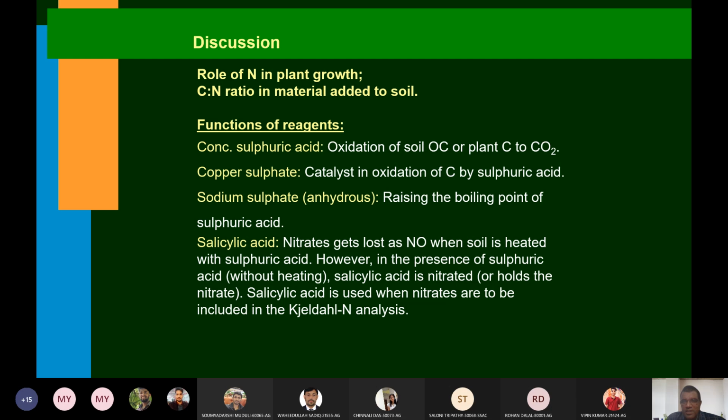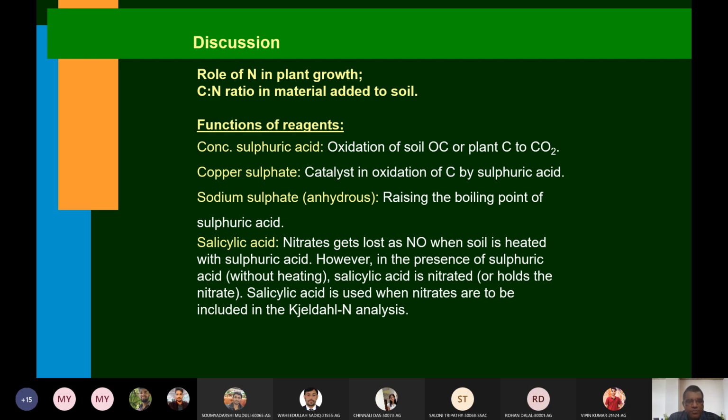Salicylic acid: now you understand the role of salicylic acid only in the case of total nitrogen in soil. Nitrates get lost as nitrogen oxides when soil is heated with sulfuric acid. However, in the presence of sulfuric acid, without heating, salicylic acid is nitrated or holds the nitrate.